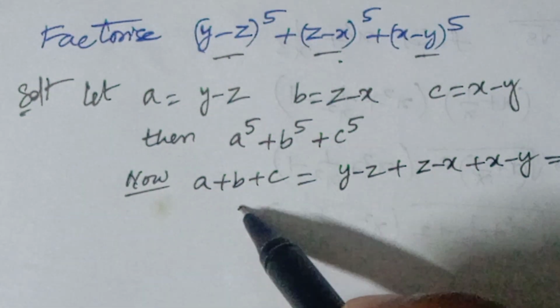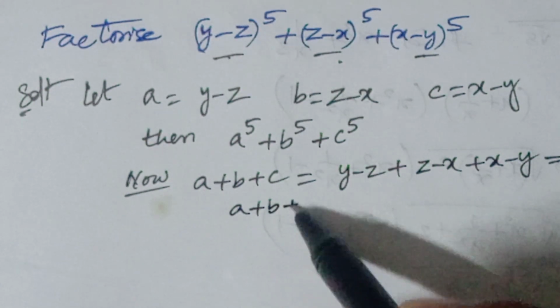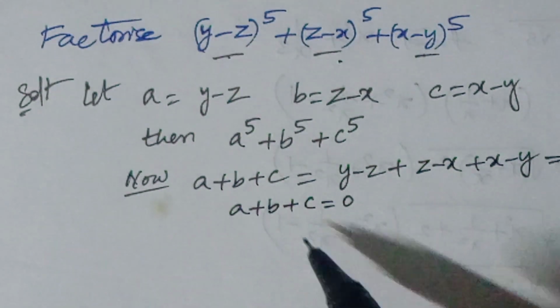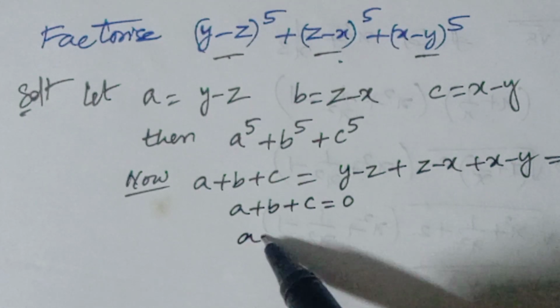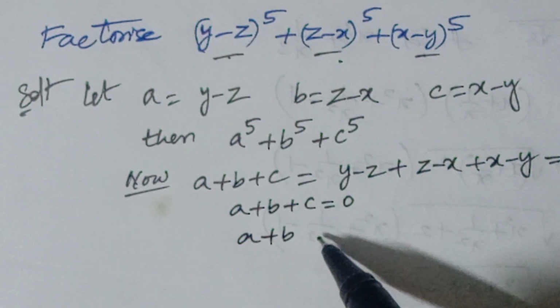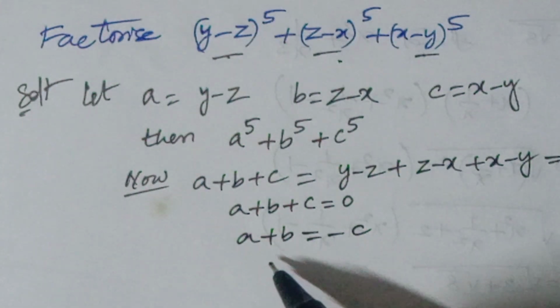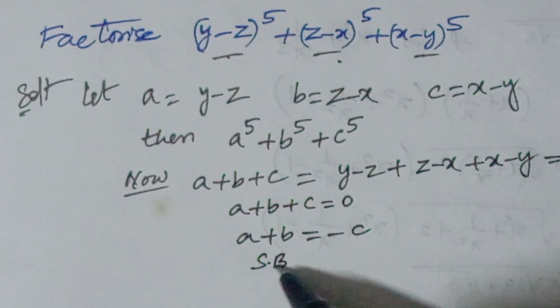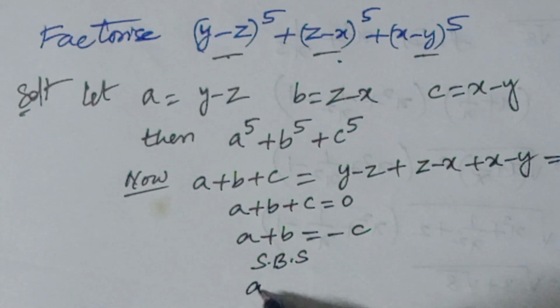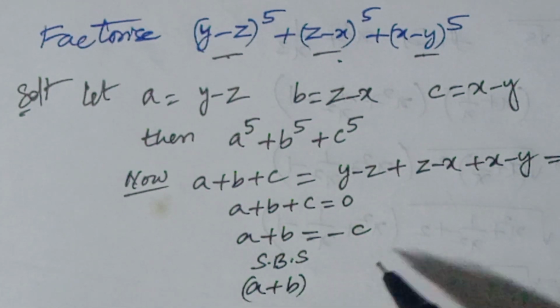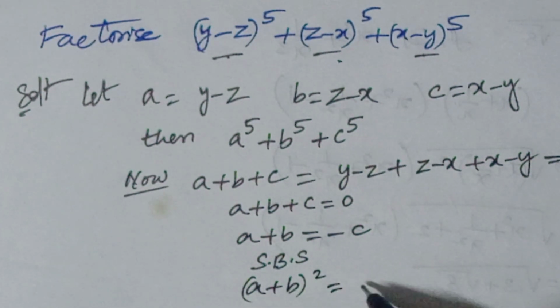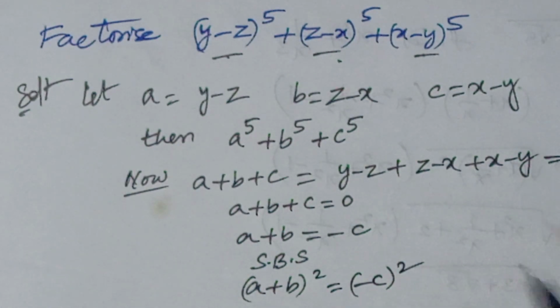So a plus b plus c is equal to 0. Now we can write it as a plus b is equal to minus c. Now squaring on both sides, (a plus b) whole square is equal to c square.